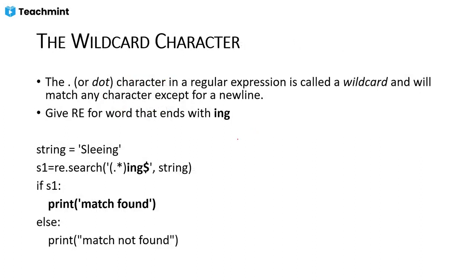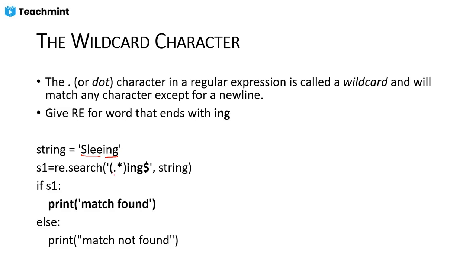I can use a wildcard character like this. For a sentence, I'm not bothering about the rest, but it should end with ing. Sleeping, eating, drinking, reading, writing, doing. Ing is there. Ends with ing. I wanted to see the word that ends with ing.